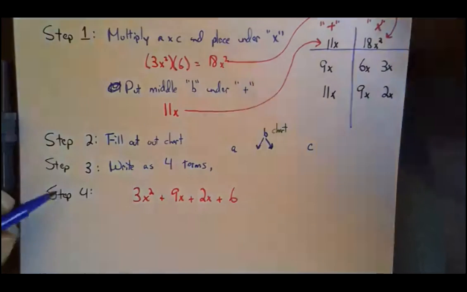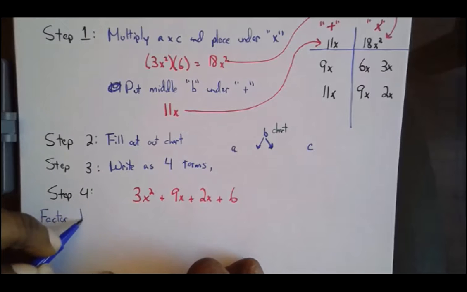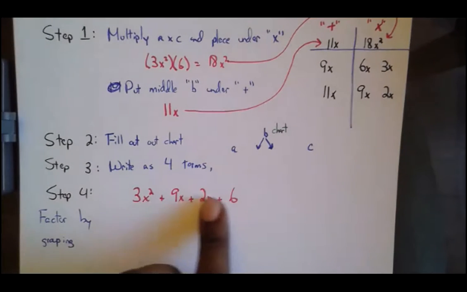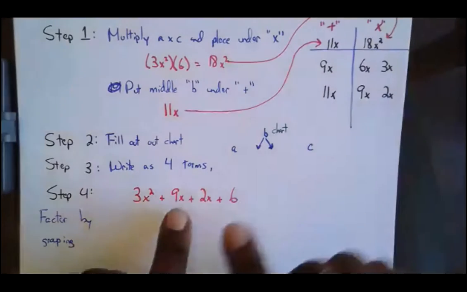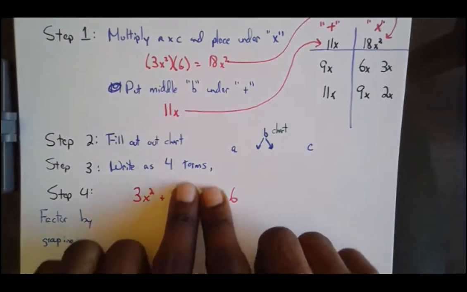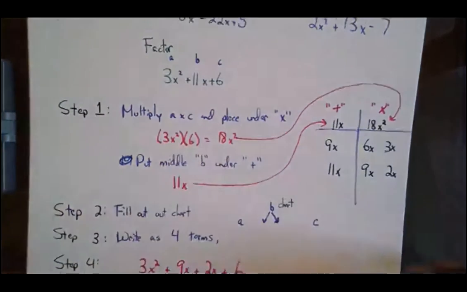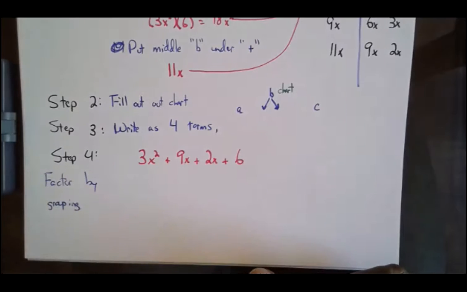The fourth step is to factor by grouping. And for a reminder, for those of you who may not have done your work, no, don't simplify from here. You're factoring, which is different. If you add these two numbers, you're going right back to the beginning again. So do not add these two. We are factoring by grouping.